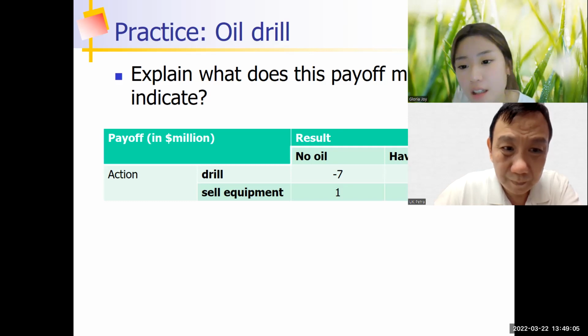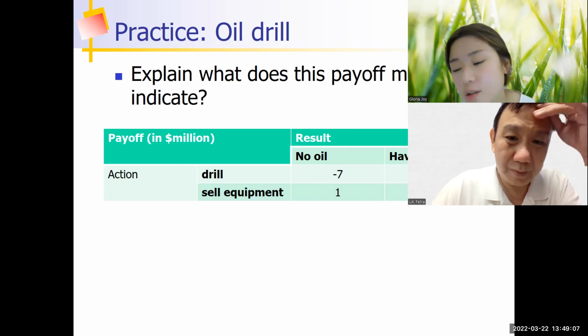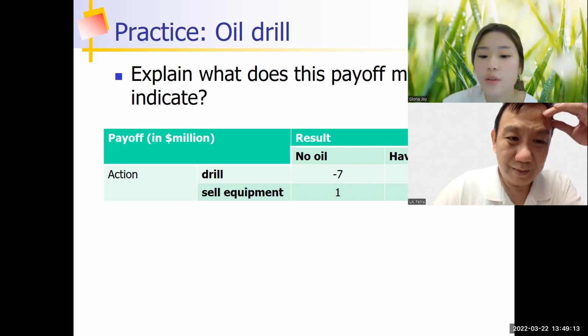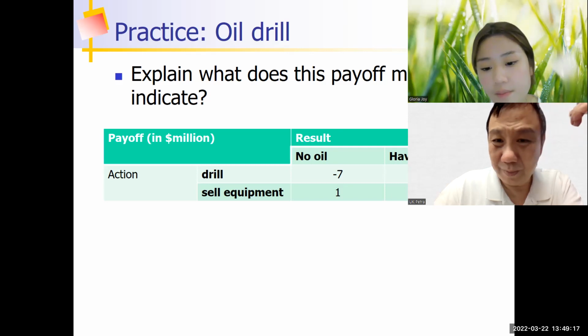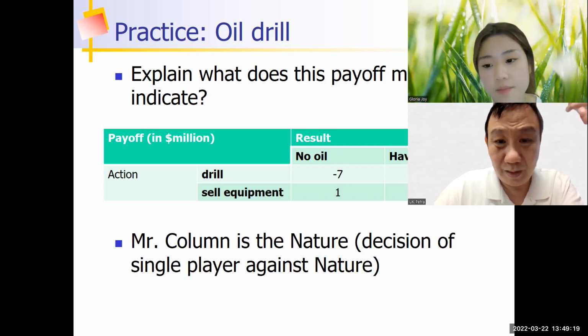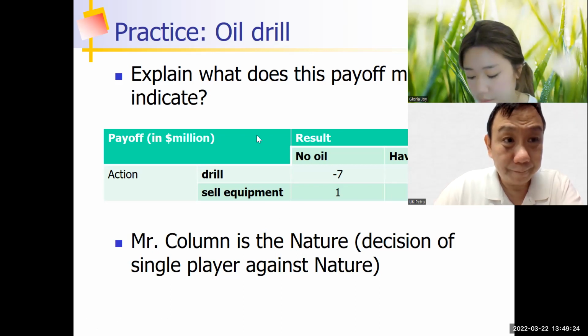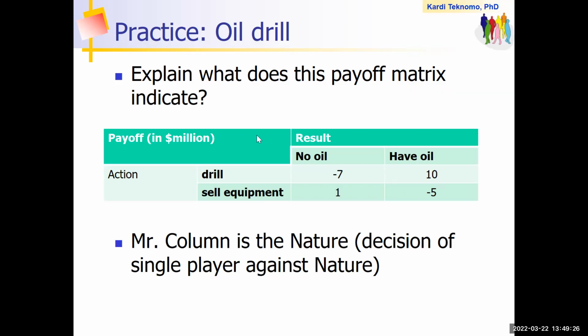So it's like opportunity loss. Well, if you drill and there's no oil, you will lose like 7 million because you expense already, right? Correct. But you will gain 10 if you actually have oil in that place. Okay, very good. So this is a game against nature. The opponent here is not necessarily human.